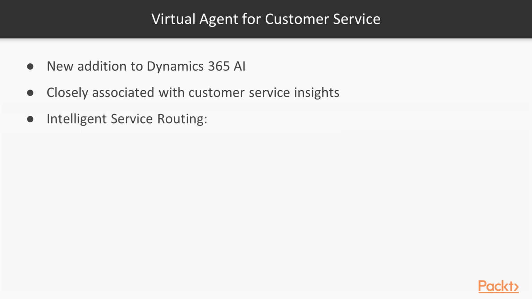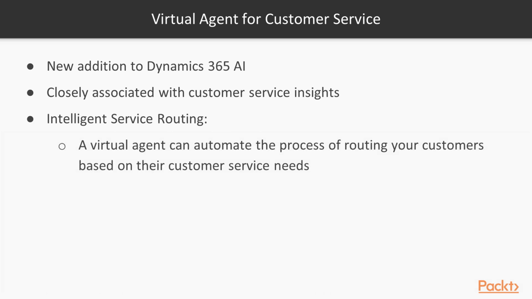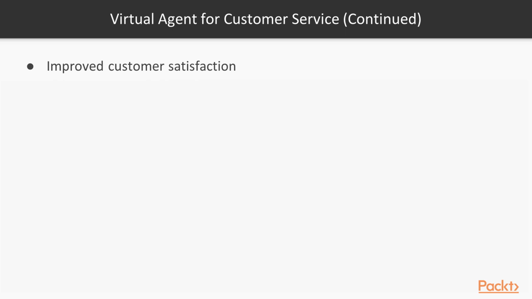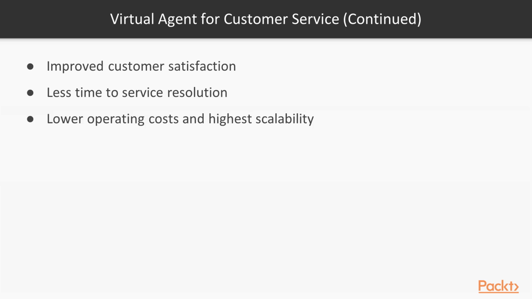And the type of capabilities that we'll see that are possible through the virtual agent include the ability to intelligently route customers to the right service, whether that's a real agent, a real person, or whether it might be another virtual agent. There's a lot of opportunity to improve customer satisfaction, in particular by reducing the time to resolution. And of course, for businesses, the ability to lower operating costs and increase their ability to scale.